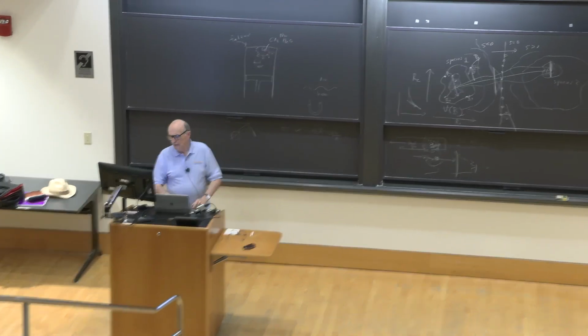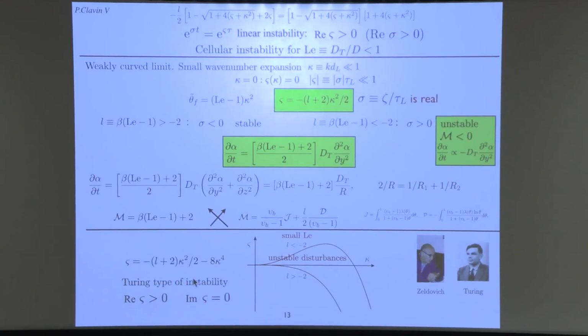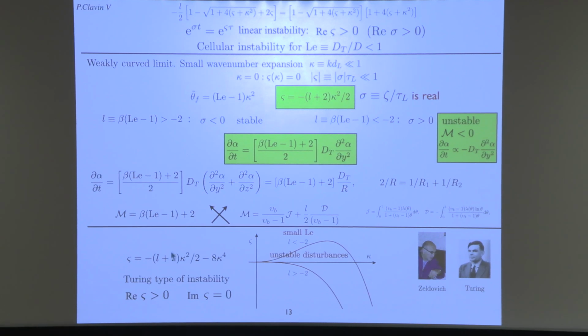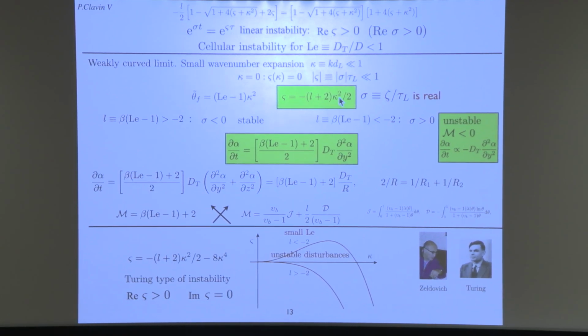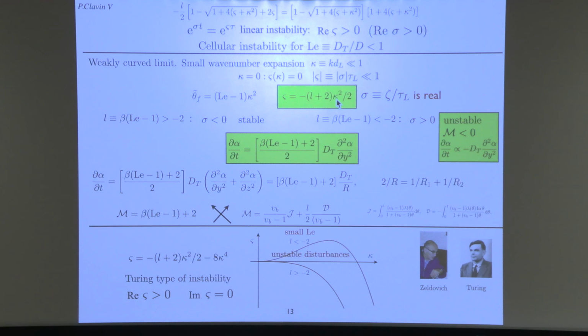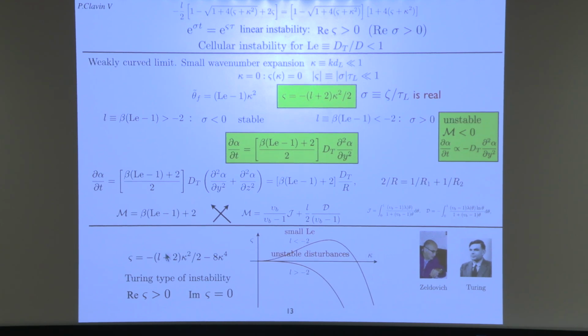So now, what you can do is to look at the same expansion, which was first in small kappa. Now you can look to the next order in power of kappa. And then the next order, which is kappa to the fourth, is always stabilizing.